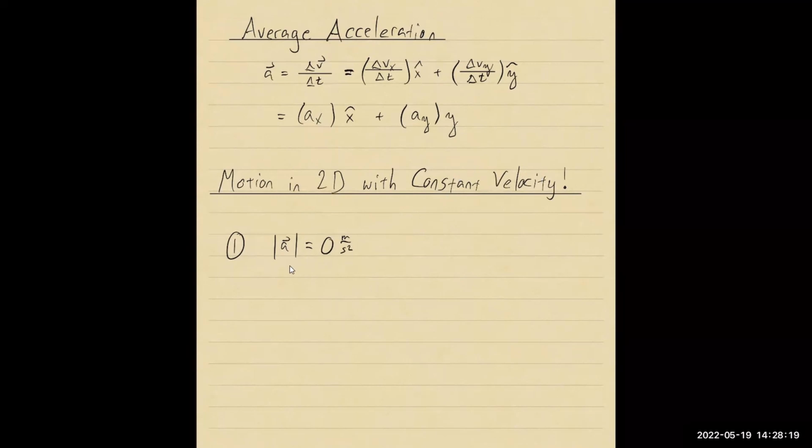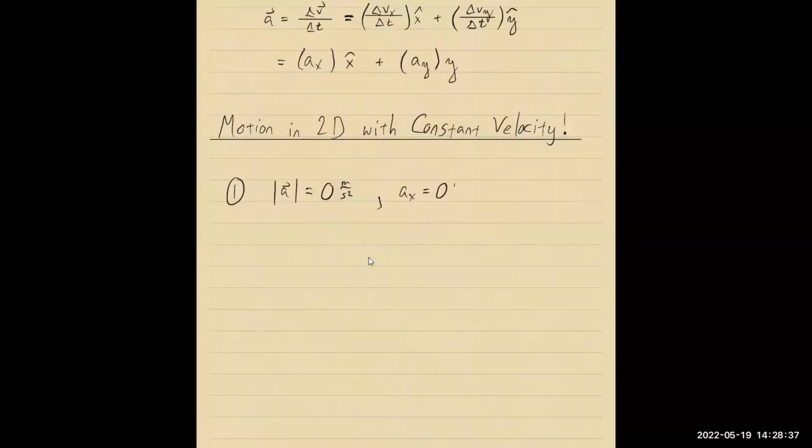But since our acceleration is also a vector in 2 dimensions, it has an x component and a y component. So for the magnitude to be 0, that means that both the x and y components of the acceleration must be 0. The x component of our acceleration must be 0, and the y component of our acceleration must be 0.